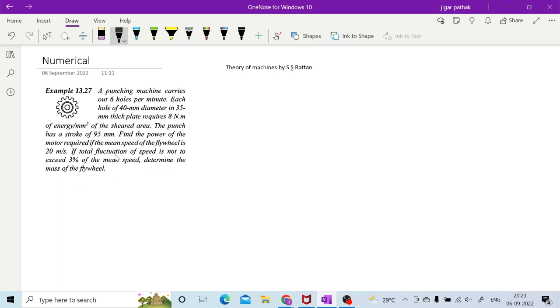Here the data provided is: the diameter is 40 mm, K is 0.03, T is 35 mm, and stroke is, sorry, 95 mm.